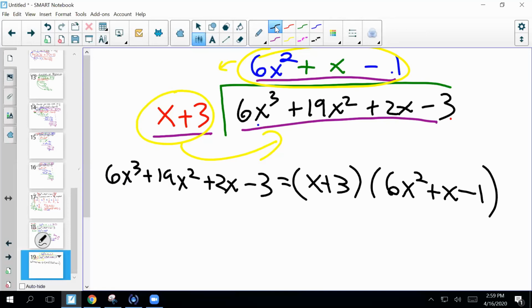Okay. Now, if you're with me at this point, you're doing great. If you're lost, don't worry about it. This is just our first example. But we're actually not quite done yet because we can keep factoring. We also want to factor this.